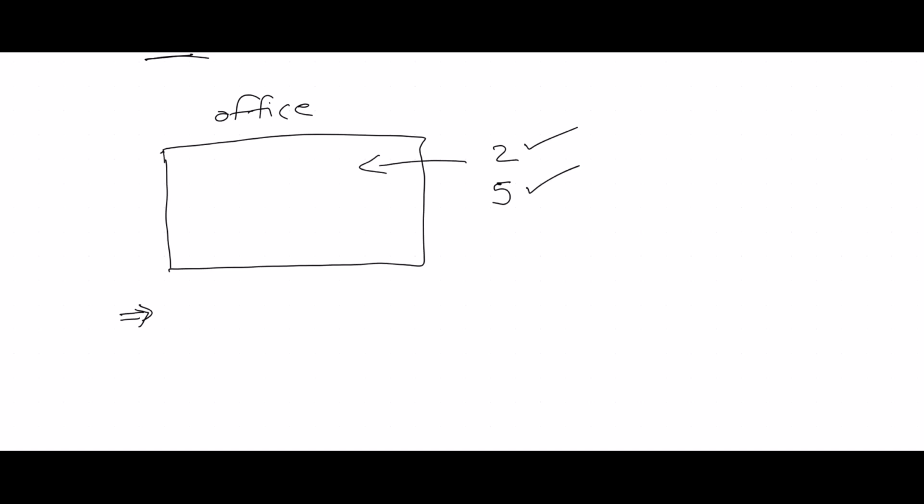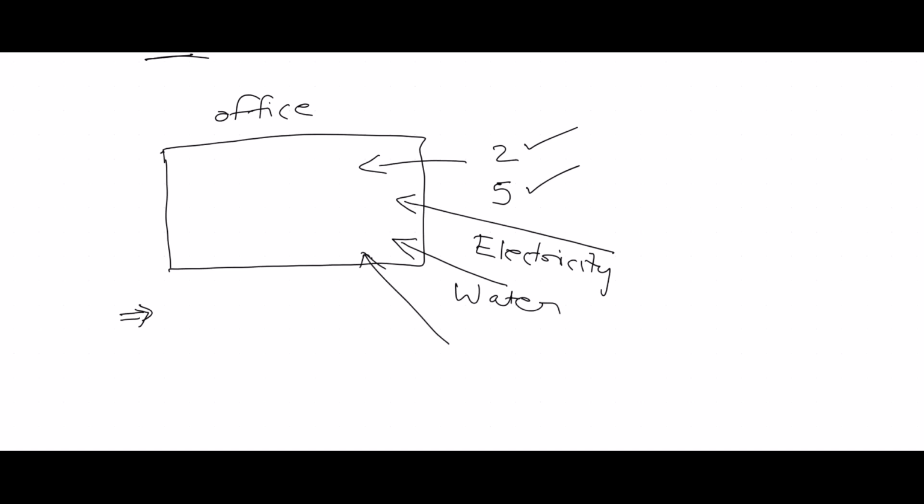This needs to have electricity. Second, it needs to also have water. Third, it needs to have internet connection. These are the most basic things that need to be available in this office.